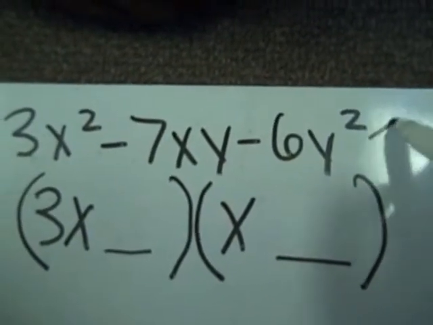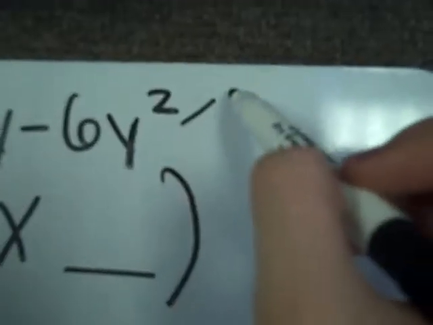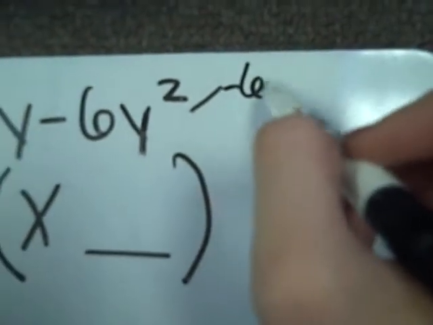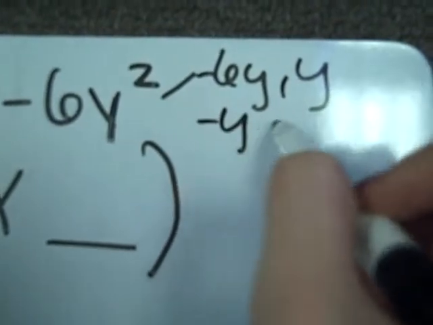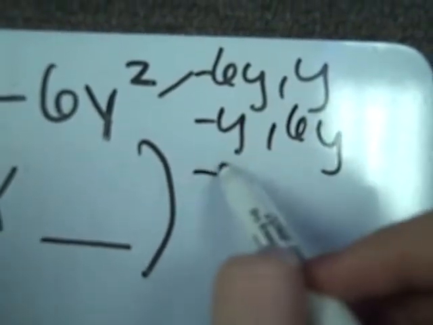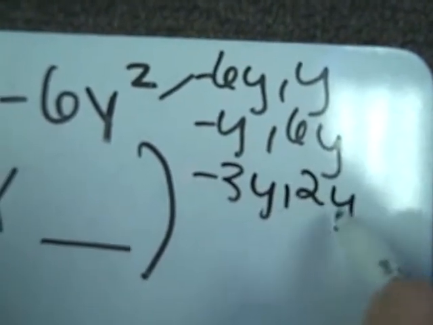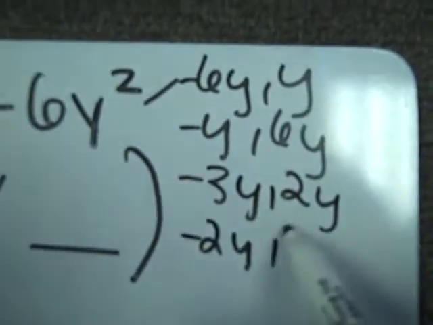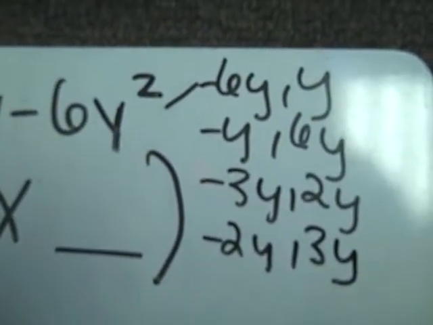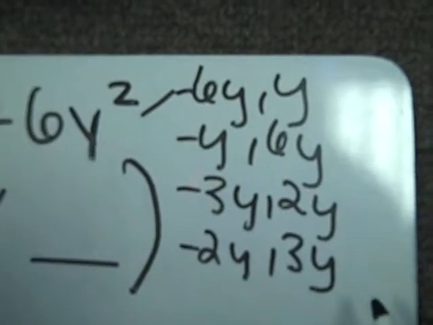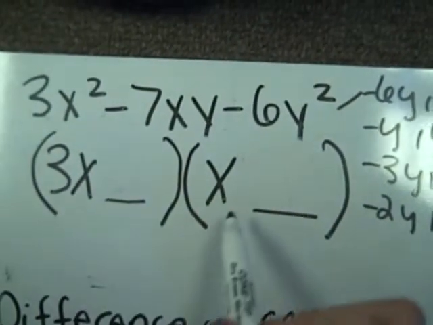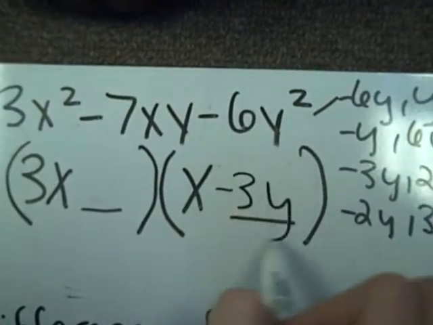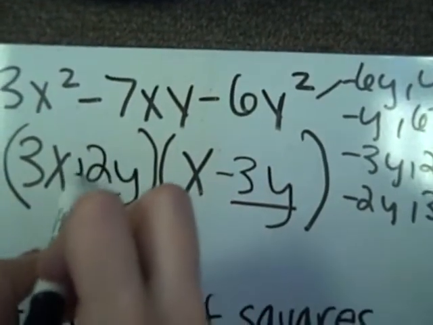So factors of negative 6y squared are negative 6y and y, negative y and 6y, negative 3y and 2y, and negative 2y and 3y. The easiest way to explain this is guess and check, and the answer happens to be negative 3y and 2y.